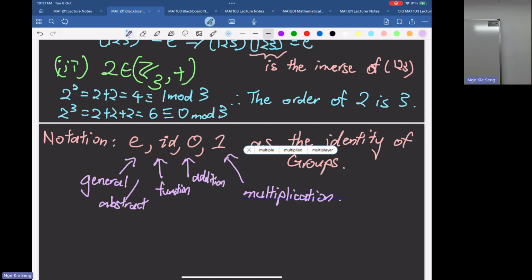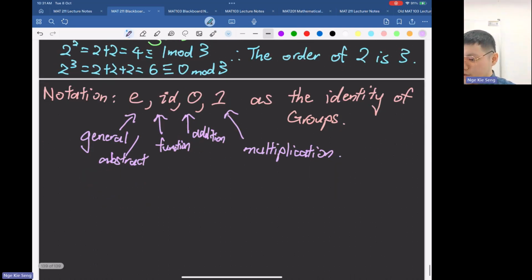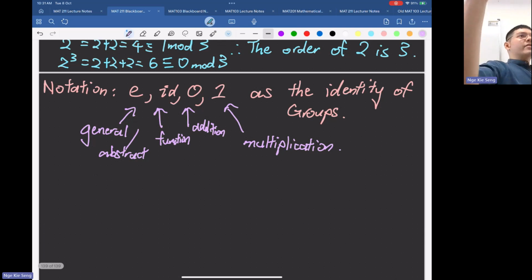And then e is just for all cases. But we will be more specific if we have a more specific operation later. So in your mind, update your version of the identity.